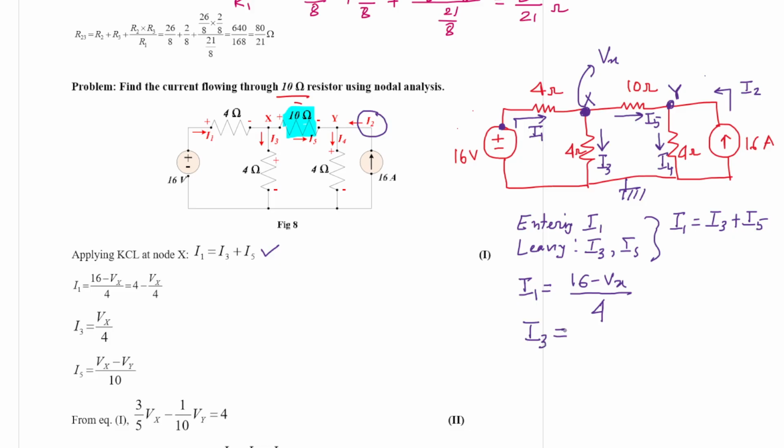The potential of this node is 0 volt, and this node is Vx. So the current through this 4 ohm resistance, which is I3, is Vx minus 0 divided by 4, which is Vx by 4.